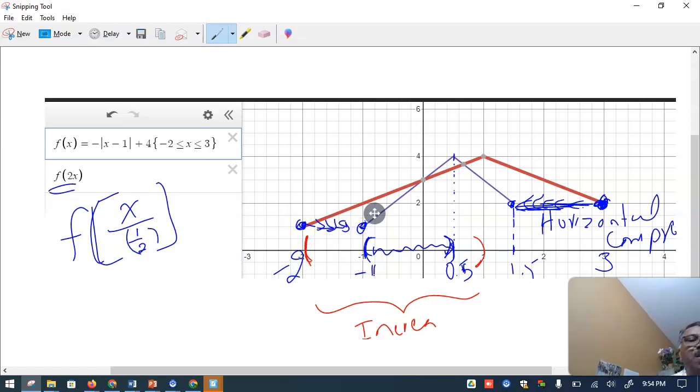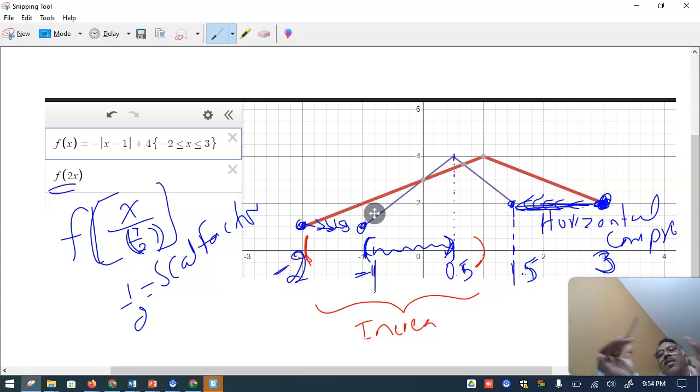So this half is called a scale factor. Half of 3 is 1.5 and half of -2 is -1. So there's a horizontal compression, and this half is less than 1.